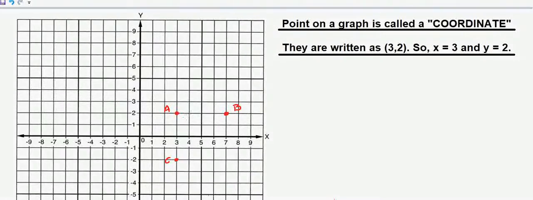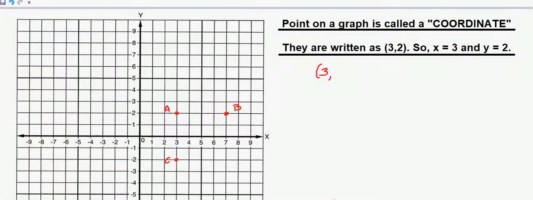So if we take point A, and they said what's the coordinate of point A, we can see that the point is above 3 on the x-axis. So we open a bracket and we write 3 because x always comes first.